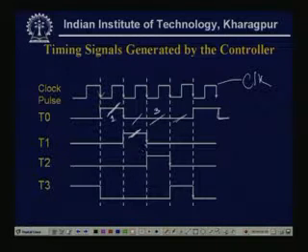Similarly, at the trailing edge of T1, T2 becomes high for 1 clock pulse of the master clock, then it becomes low. T3 similarly becomes high at the trailing edge of T2, and again becomes low after 1 clock pulse of the master clock. In this way T0, T1, T2, T3 can be generated. This is how, from one master clock, the other timing signals can be generated in the control unit design part.